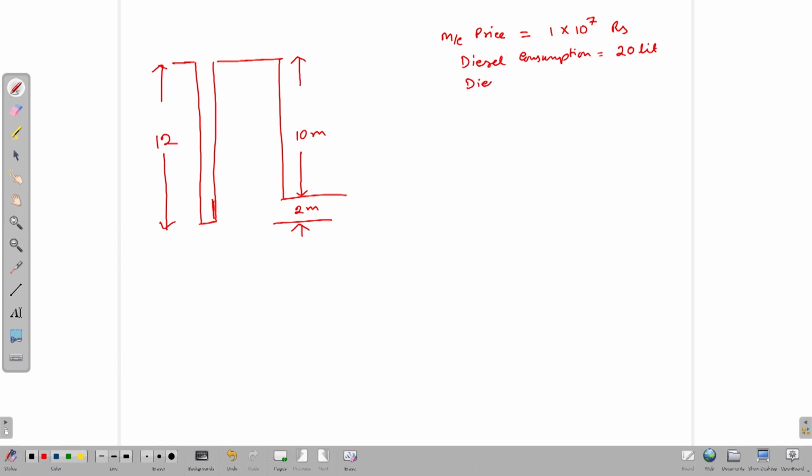Diesel price is given as ₹100 per liter, and drill bit price is given as 10,000 rupees, and bit life is given in terms of meter, that is 1000 meter. Now, while we are solving this, first we have to find out the capital cost.